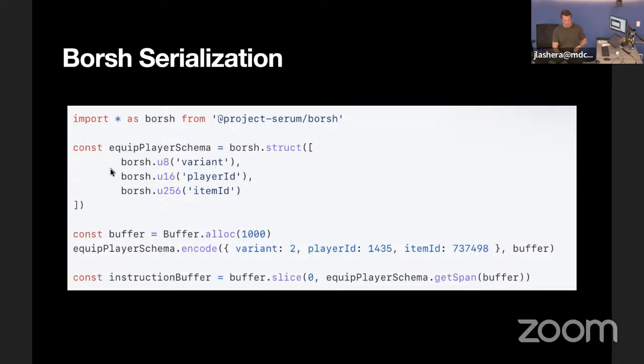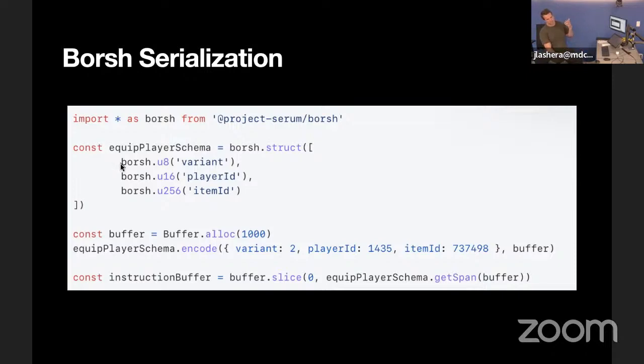So we've got this player ID and this item ID that we need to package up in a byte array. This variant, by the way, would not be related to the player. This is something people sometimes do if there are multiple functions on a program. This variant would just be a number, sometimes a string, that identifies which function on the program you want to access.